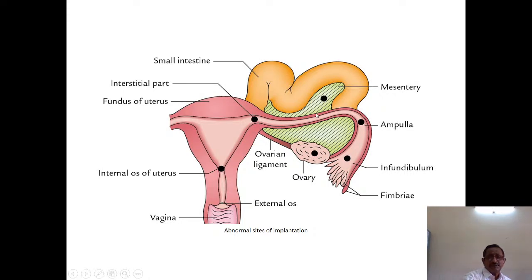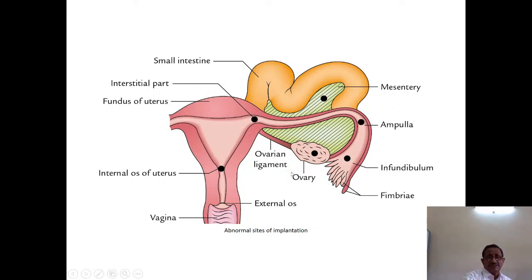And sometimes it may go out and get implanted into the mesentery of the rectouterine pouch, and sometimes the sperm may fertilize this ovum inside the ovary itself, and there only the zygote develops and gets implanted in the ovary itself.